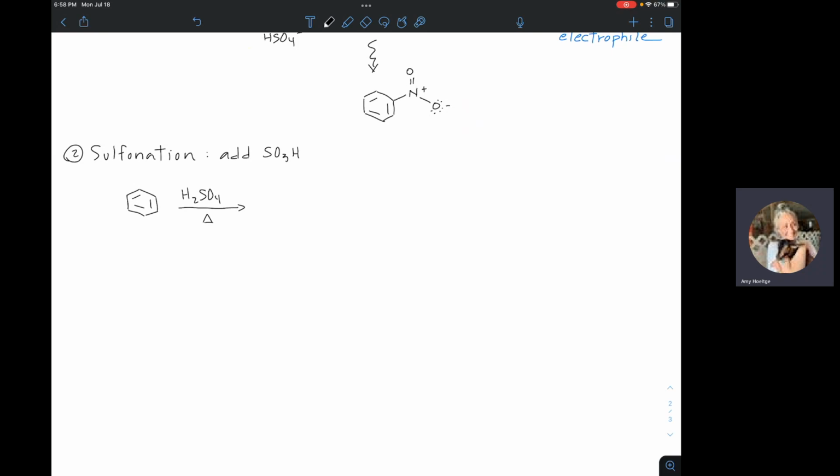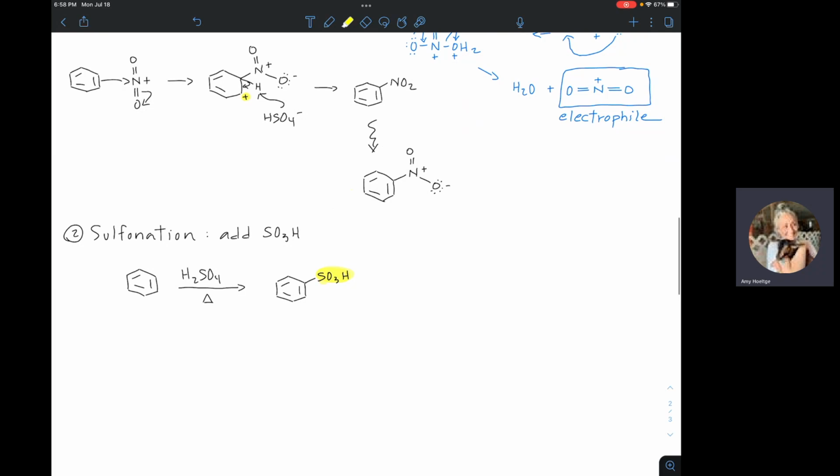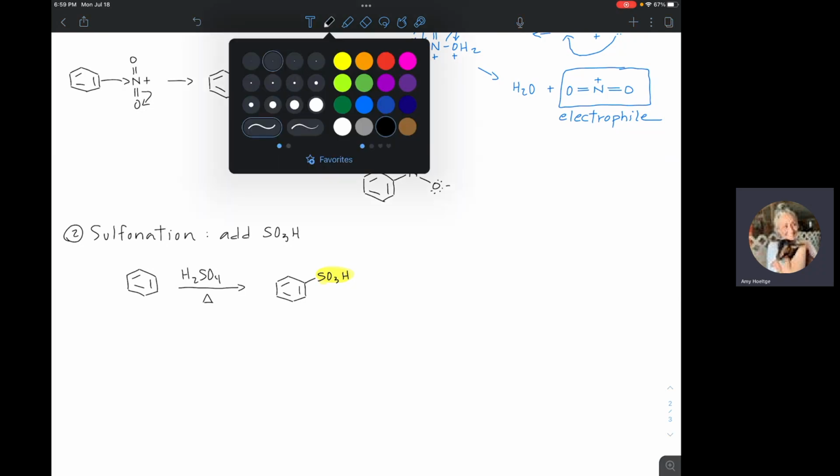And what you get, again, the sulfuric acid is going to react with itself. You're going to create a good electrophile, and this will be the product. This is also an electron withdrawing group. So these are electron withdrawing groups.